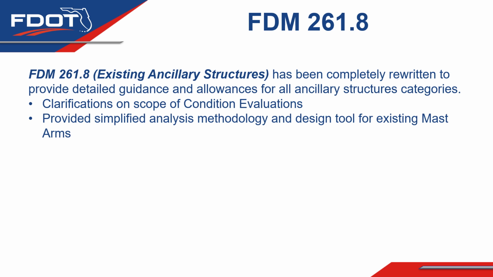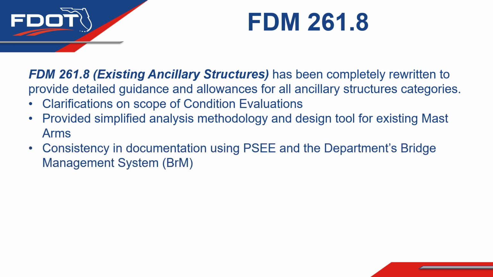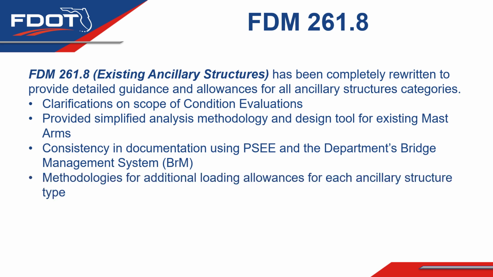We provided simplified analysis methodology, and we provided design tools for existing mast arm analysis. We also provided more consistency in the documentation using PSEE and the department's bridge management system. We added methodologies for additional loading allowances for each of the ancillary structure types.